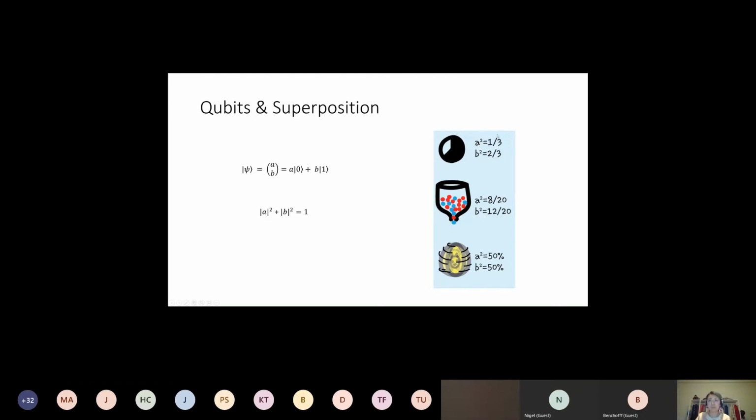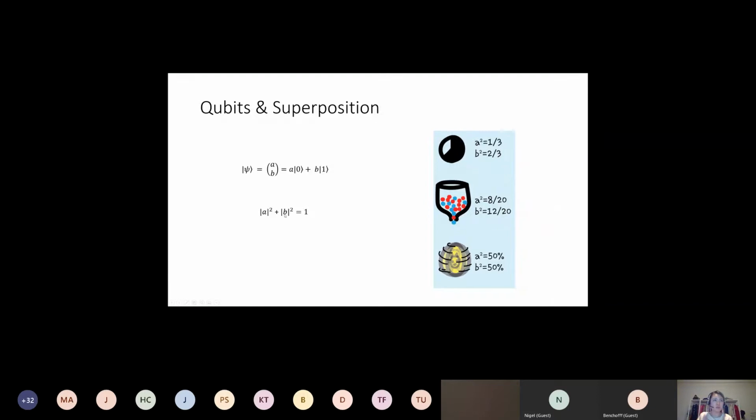Some examples of how you can use a metaphor to express qubits: you could have probabilities of 1/3 and 2/3 coexisting, or mixed colored beads, or spinning coins with half and half probability of landing on heads or tails.